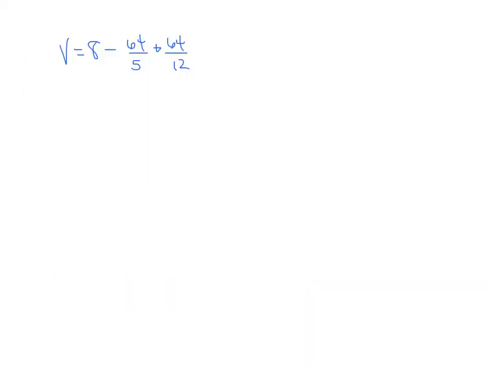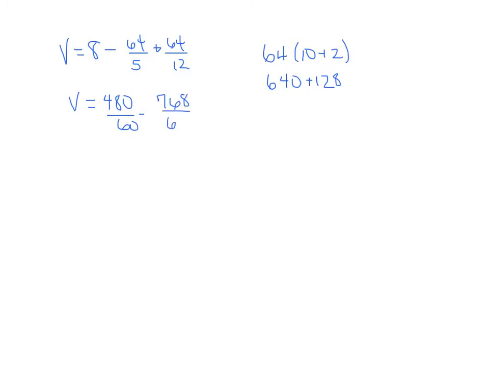And so from there, we need to make a common denominator. My common denominator is going to be 60. So I have 480 over 60 minus, and then to do 12 times 64, I did 64 times 10 plus 64 times 2, so 640 plus 128, and that's 768 over 60 plus, and then we're doing 64 times 5, which is 320.